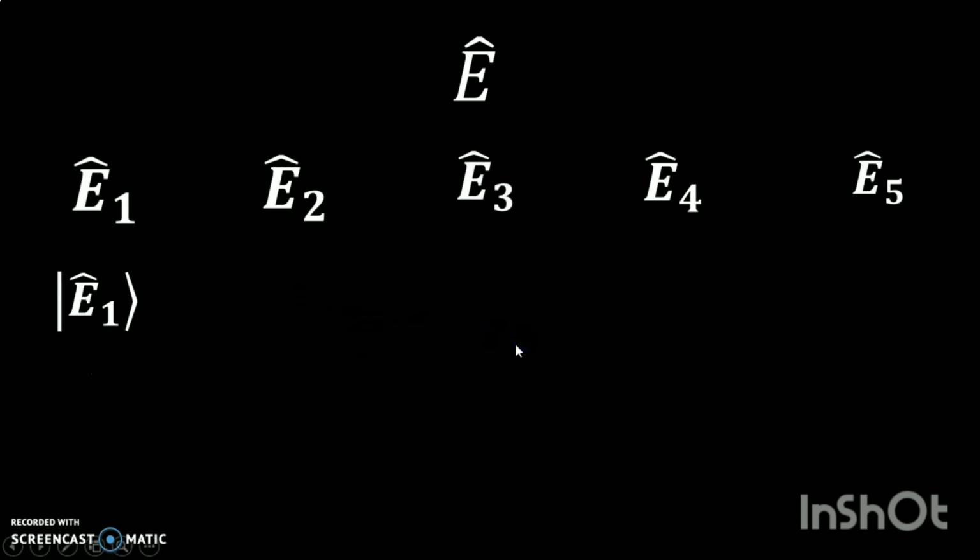To figure out all the possible values of the observable, find the eigenvalues E equals E1, E2, E3. To figure out which states correspond to having that particular value, find the eigenvectors corresponding to the eigenvalues.